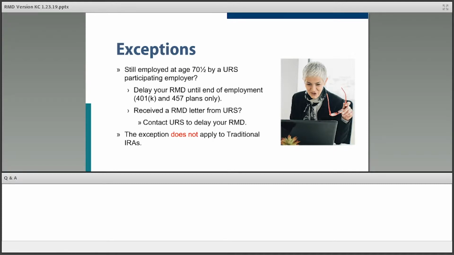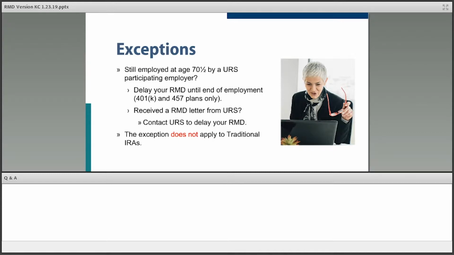In 2021, the year that I terminate, and let's say I'm 72 years old at that time, that's when I'll have to take my first minimum distribution from the 401k and 457 plans.